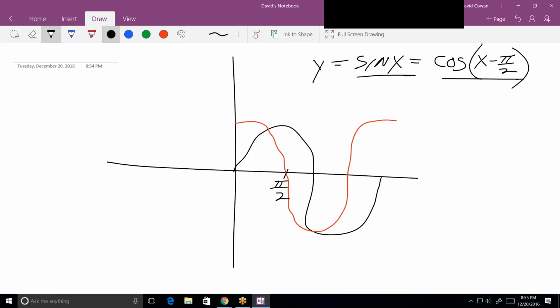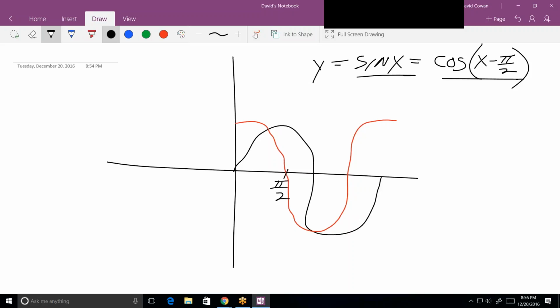Therefore, if they give you a graph and they say, give me the sinusoid function of that graph, you have to make a decision whether you're going to use sine or cosine. And the decision is based on the fact that you use whichever one has the least phase shift.